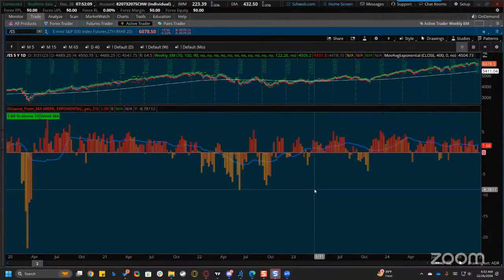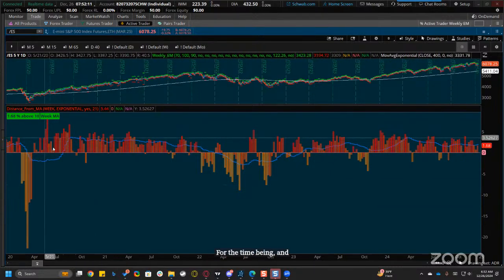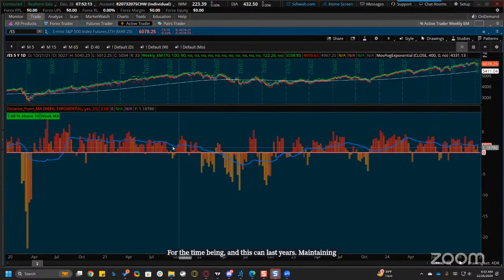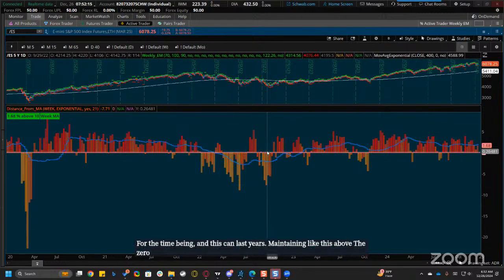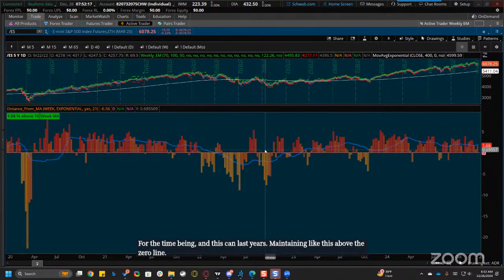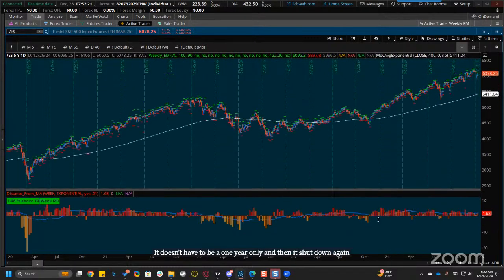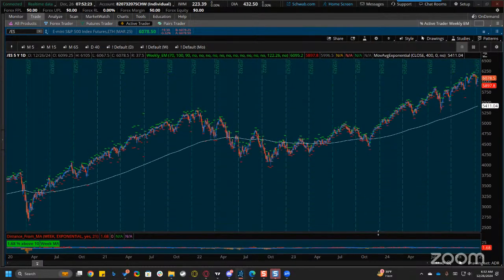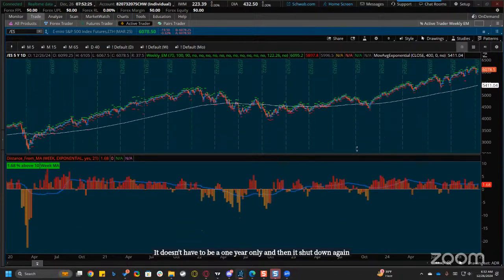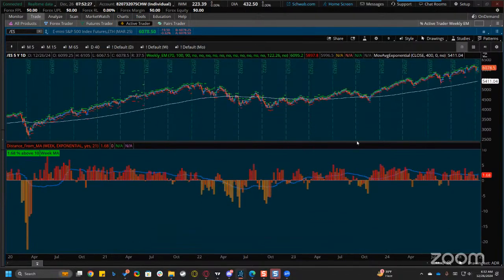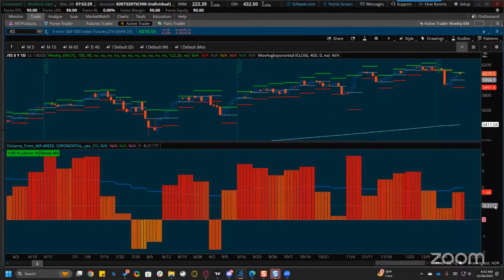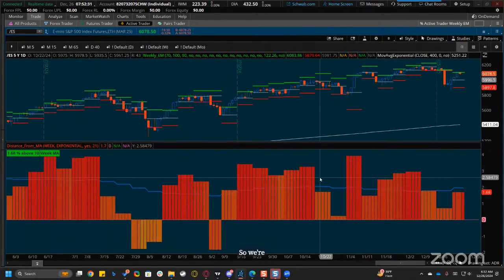For the time being, and this can last years, maintaining like this above the zero line. It doesn't have to be a 1 year only and then it shut down again. So we're 1.7% above the 10-week.